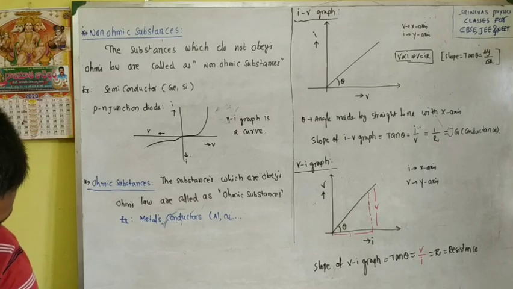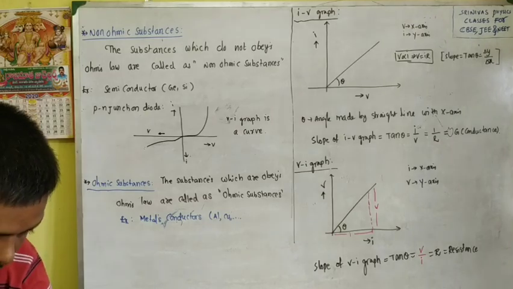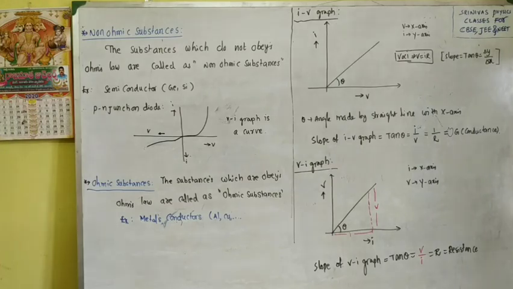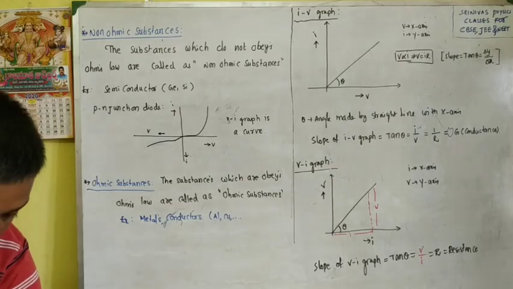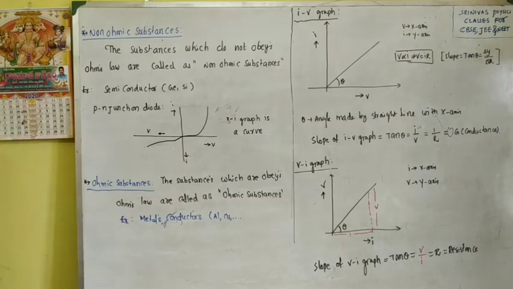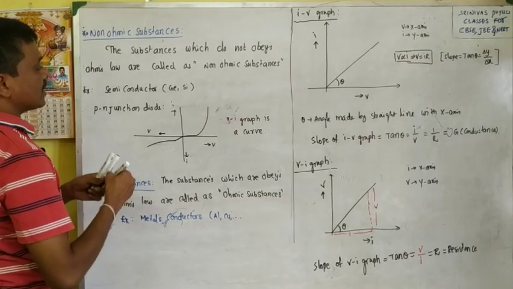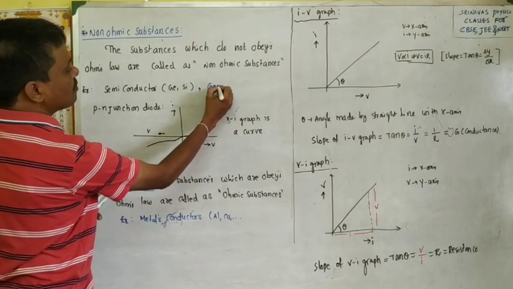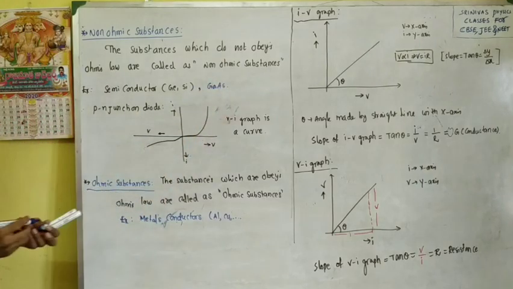And what is Ohm's law? At constant temperature, the current through a conductor is directly proportional to the potential difference. And I will give some more examples. Gallium arsenide also does not obey Ohm's law.